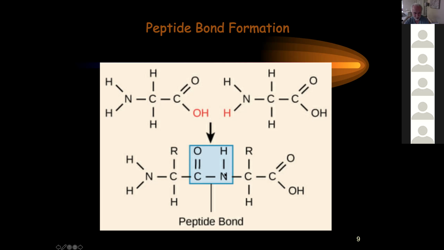This NH is here, and a bond has formed across here. This is the peptide bond. This bond between the C and the N, and it's a particular C, C double bond O, particular N, and H. That peptide bond repeated over and over and over again between amino acids makes a protein.